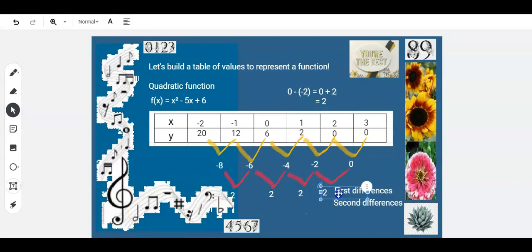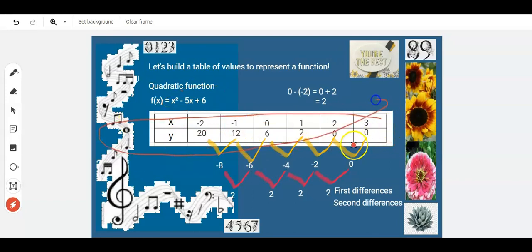So what did you observe in the second differences? We now have common second differences. So, the second differences are the same, they are common. So, if there are common second differences in a table of values, then this particular table of values is for a quadratic function.